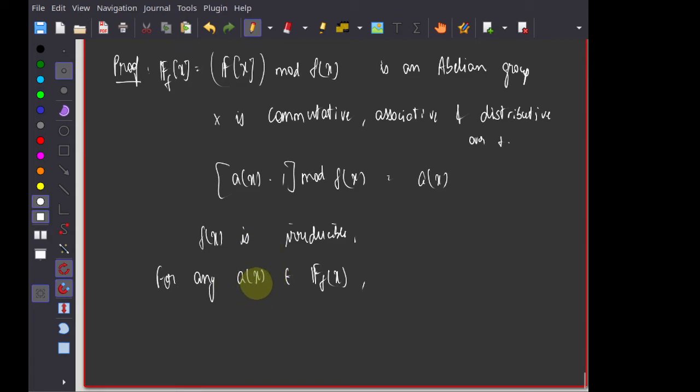It will be strictly less than the degree of small f of x. Okay, so what can you say about the GCD of a and f?